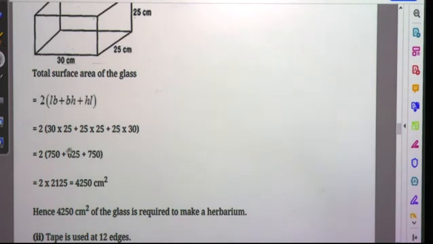The total goes to 2125. 2 into 2125 is equal to 4250 centimeter square.